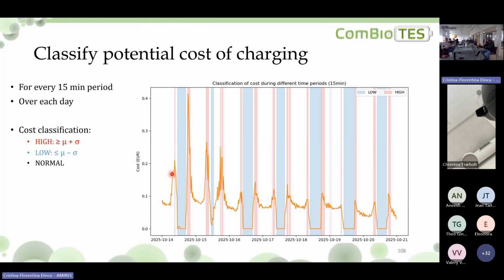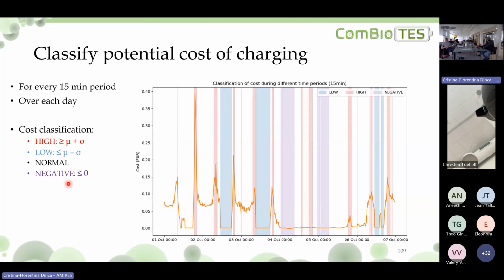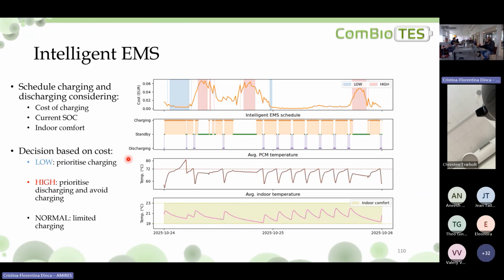And sometimes we observe that there can also be price periods where it's negative. So now the idea behind the intelligent EMS is to schedule the charging and discharging while taking input of the cost of charging, considering the current state of charge and indoor comfort.